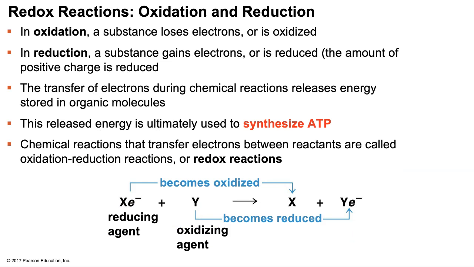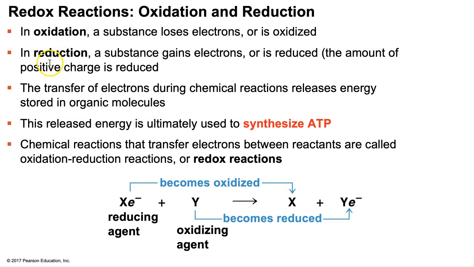As a quick refresher on redox reactions, this has to do with the movement of an electron. We have two essentially opposite reactions. We have something that gives away an electron and something that accepts an electron. When we lose an electron, that's called oxidation, and when we gain an electron, that's called reduction.